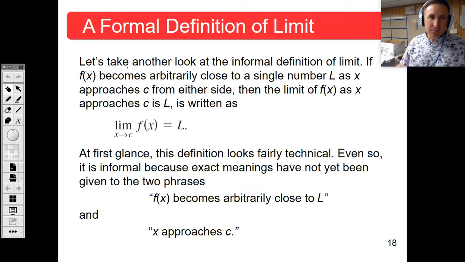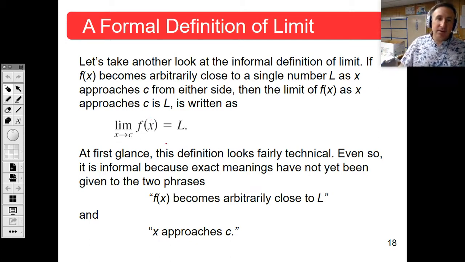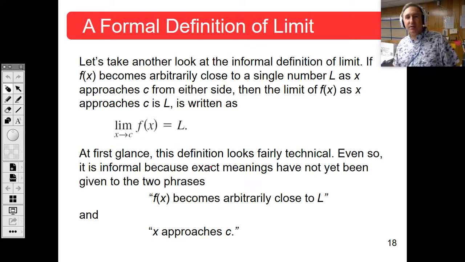Okay, so let's take another look at the informal definition. If f of x becomes arbitrarily close to a single number, then the limit is written as this. Okay, so as we go to the left and right, we get closer to some value L, then it exists. At first glance, this definition looks fairly technical.